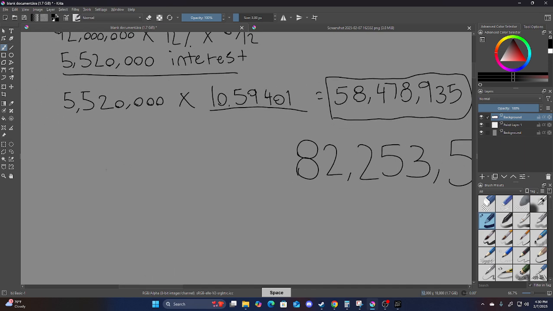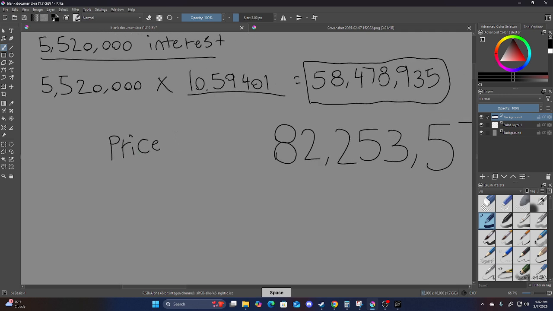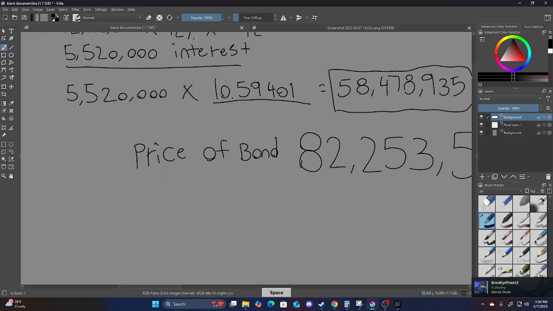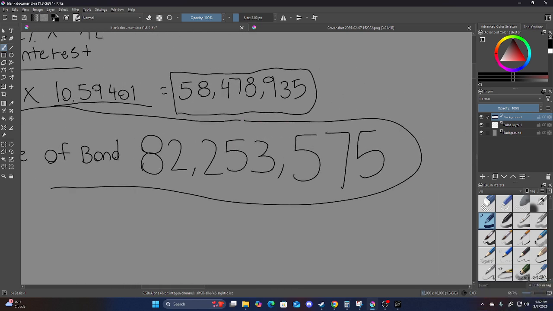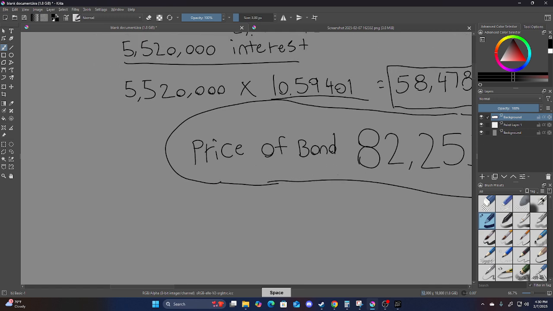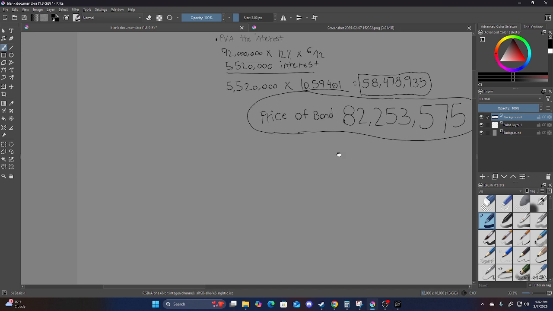And this is the price of the bonds. Price of bond. Super important number. We're going to come back to this. All right.